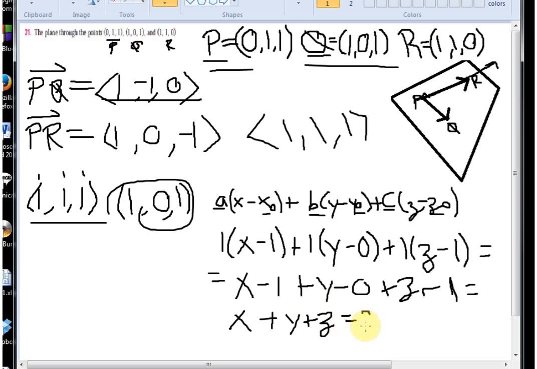And this right here is the formula for the plane. And you can see that because if you get the normal vector from this plane formula, it's also 1, 1, 1. So that's it.